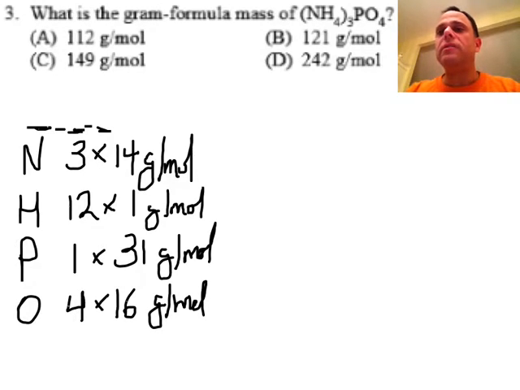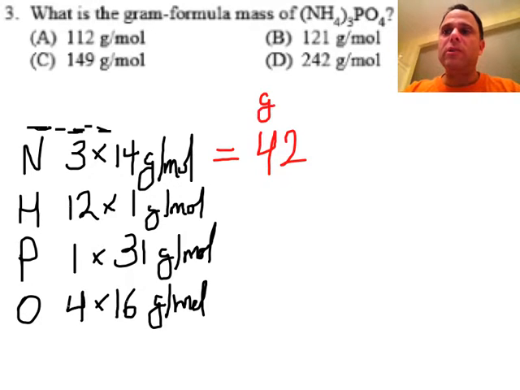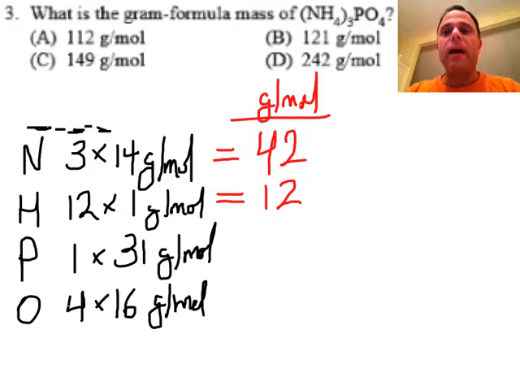Now what do these equal? Well, 3 times 14 is 42. To make it easier on myself, I'll put grams per mole over top, so everything below that obviously will carry the same units. 12 times 1 grams per mole is 12. 1 times 31 is 31.